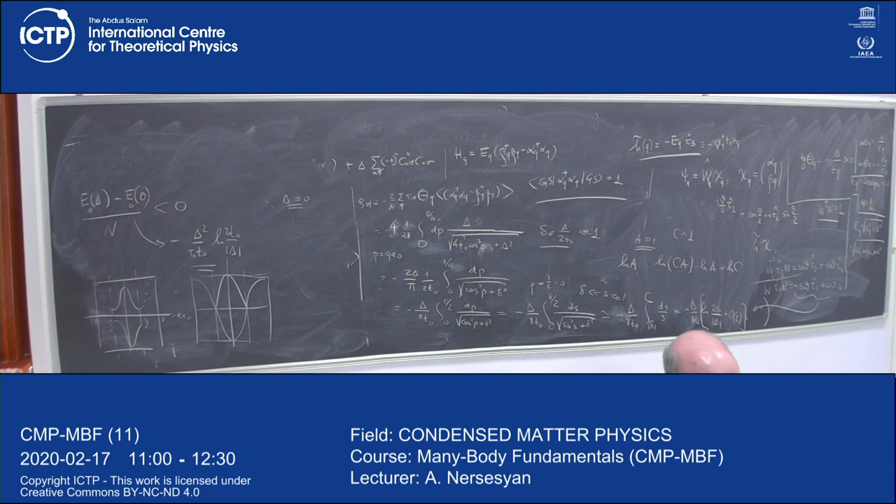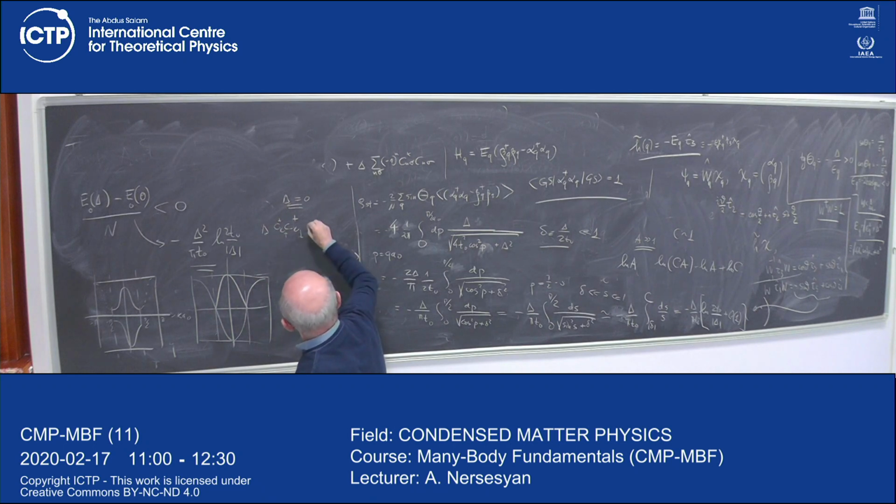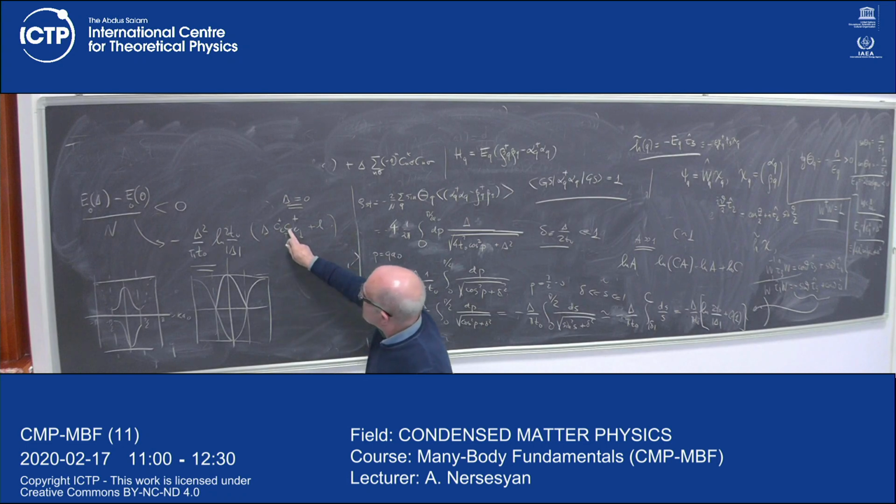Well, in a superconductor, there are certain nasty terms which look like C_k dagger, C_minus k dagger, spin up, spin down, with a certain delta plus Hermitian conjugate. This is how the perturbation looks.